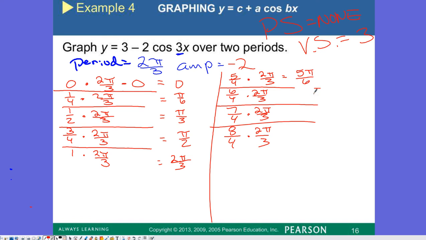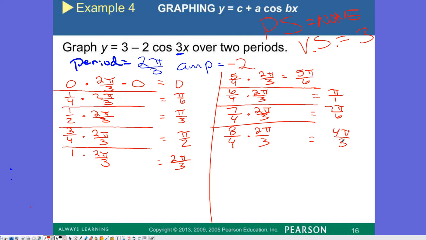This one's just going to be pi over 1, right? Or just pi. Next one's going to be 7 pi over 6. 4 pi over 3. There we go. Okay, you have all those written down, right?